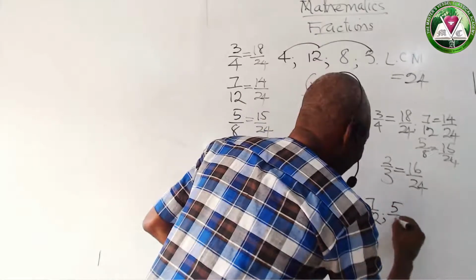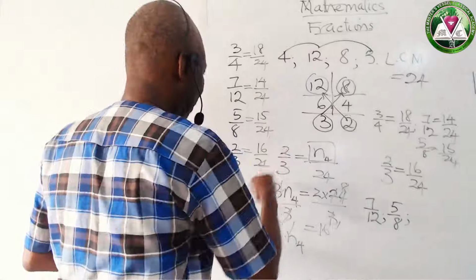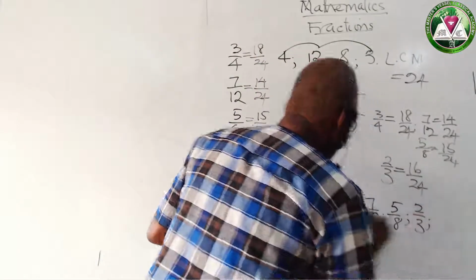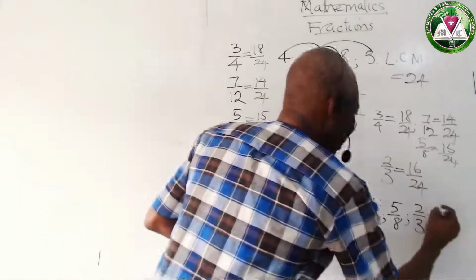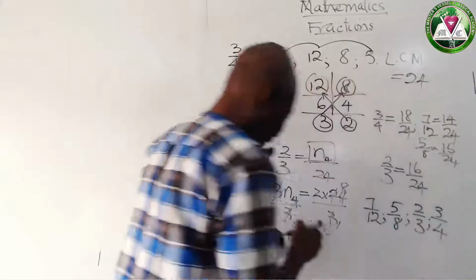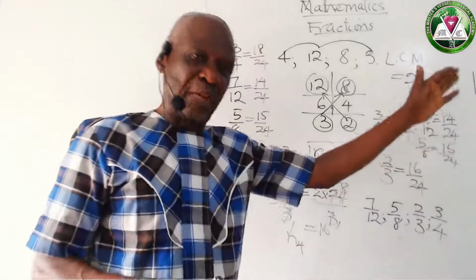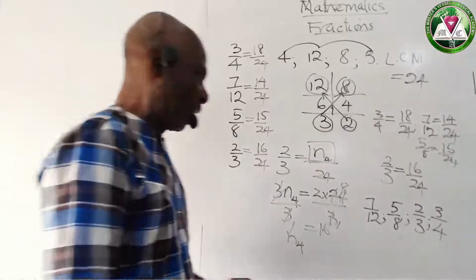5 over 8. After 15, what next did we see? 16. 2 over 3. After that, what next? 18. 3 over 4. If they said we should arrange this in ascending order of magnitude, smallest to the biggest. If it is in descending order, we go the other way around.